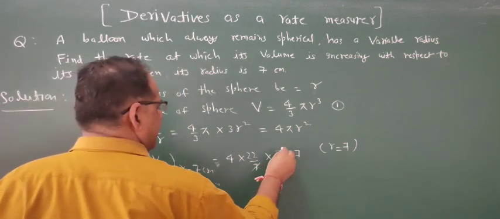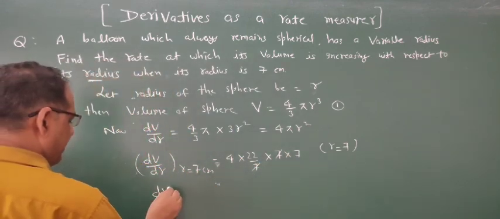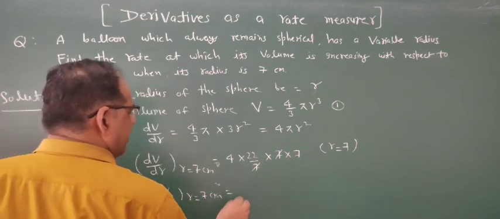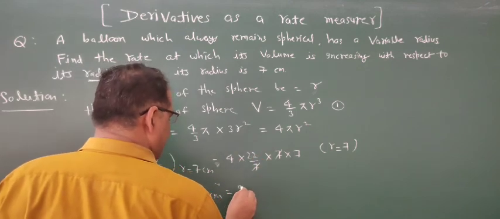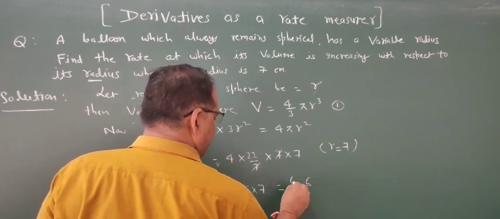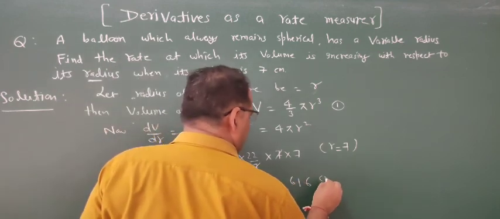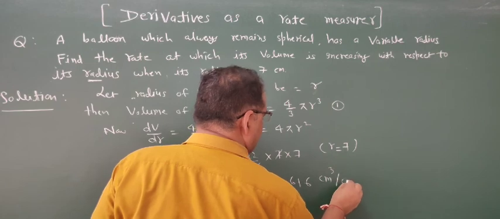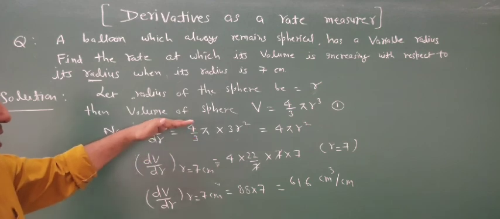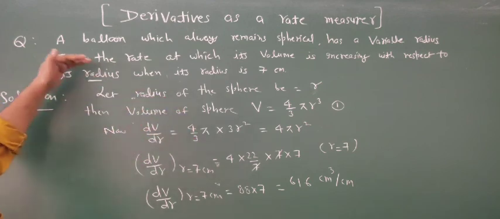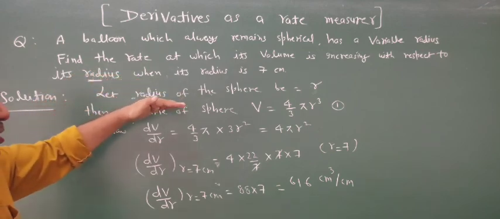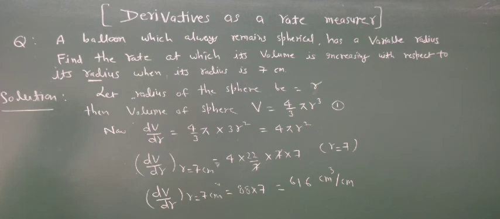So 7 and 7 cancel out. dV over dr at r equals 7 centimeter is 88 into 7, 616 cubic centimeter per centimeter. So this is the rate by which the volume of the sphere is increasing when the radius of the sphere is 7 centimeters.